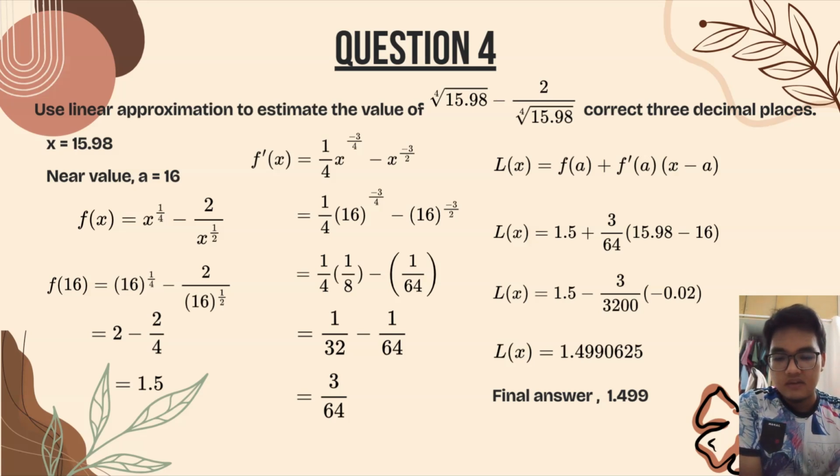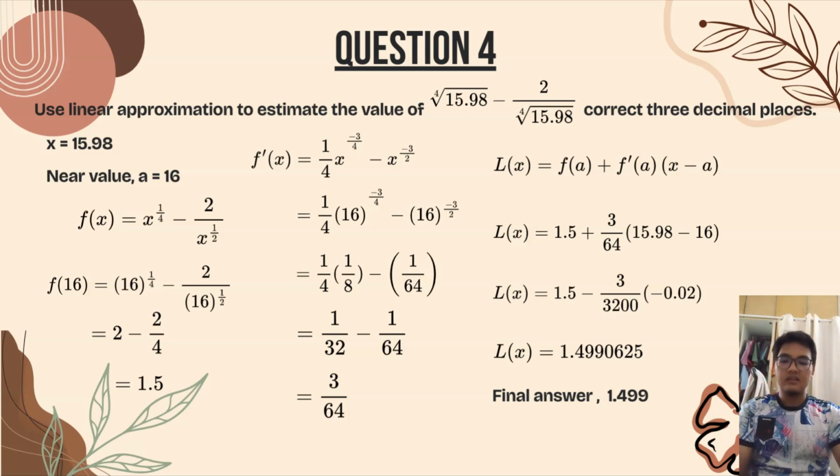So next we need to find f prime 16, which is, just use the differentiation equation that I have written earlier, which is 1 over 4 x to the power of negative 3 over 4 plus x to the power of negative 3 over 2. Just put the 16 into the equation. So it will be written as 1 over 4 times 16 to the power of negative 3 over 4 plus 16 to the power of negative 3 over 2.